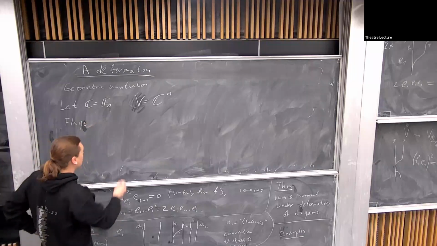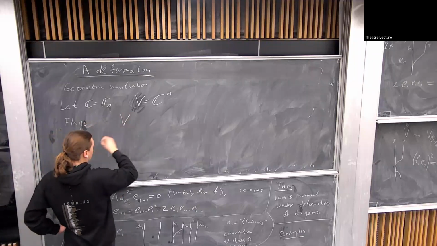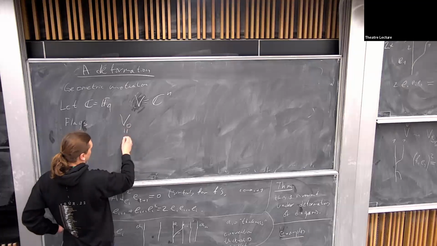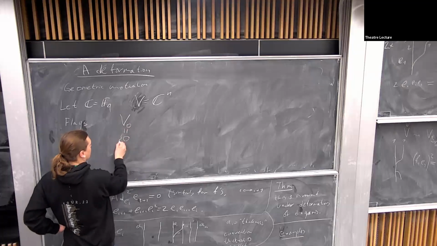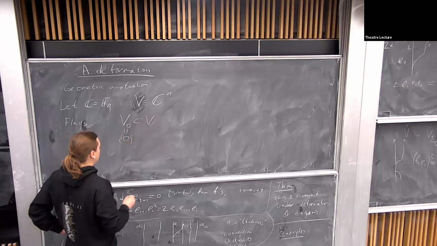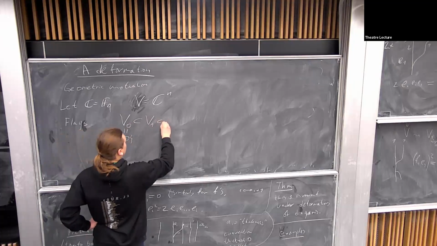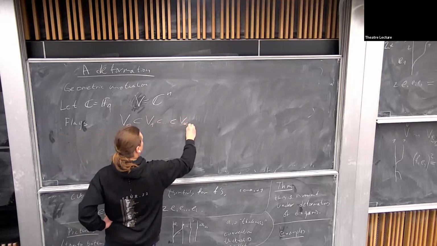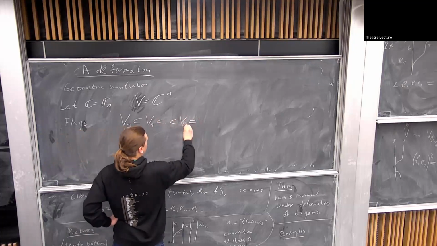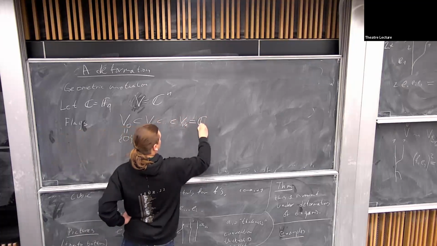How do we put flags? V0 will be just 0, and then it will be inside V1 and so on, VK, VM, and this is C^N.